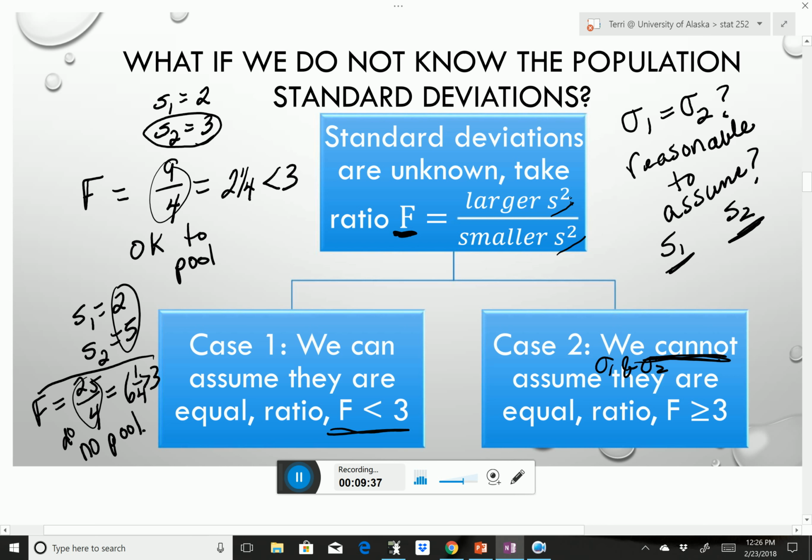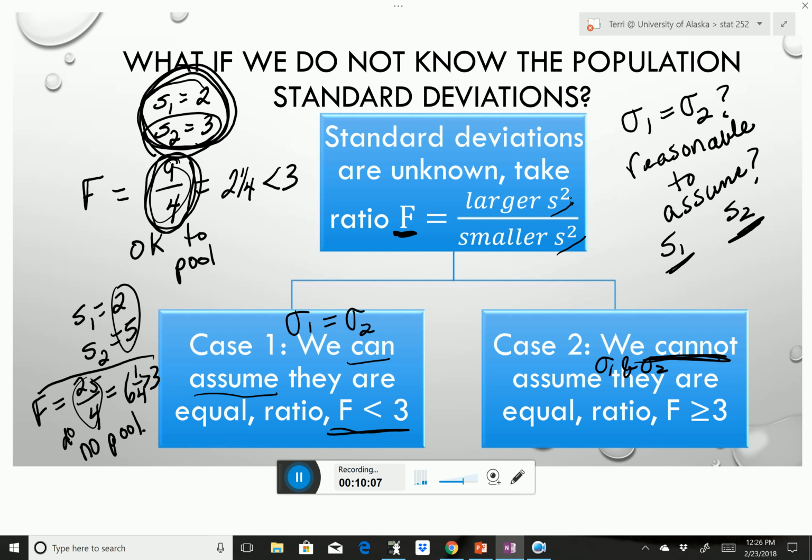Here we can assume, even though our S's are different by 1, the ratio of their variances, because remember the square of the standard deviation is called a variance, the ratio of the squares is less than 3. So we can assume that sigma 1 and sigma 2 are equal, or at least very, very close to each other. We have no reason to believe that they are not very, very similar.